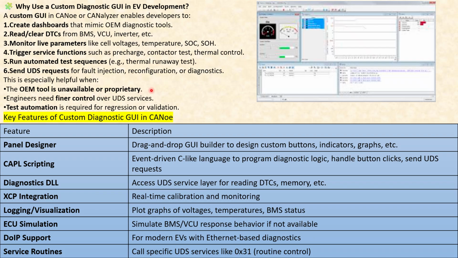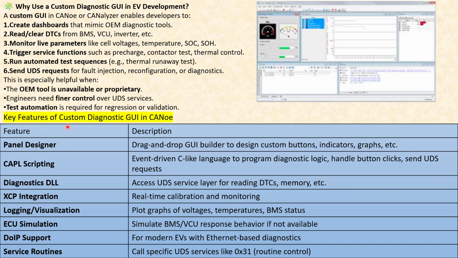All right, so especially when there is no immediate access to the OEM tool, CANoe and these kinds of tools are extremely handy. Now, engineers need finer control over UDS services, and test automation is required for regression and validation.